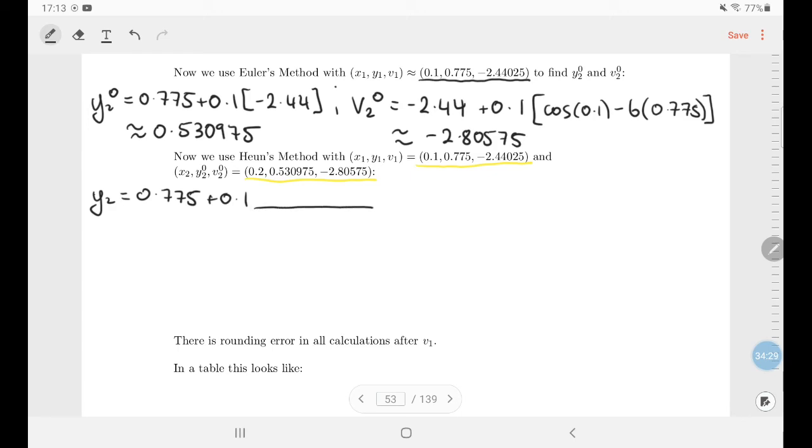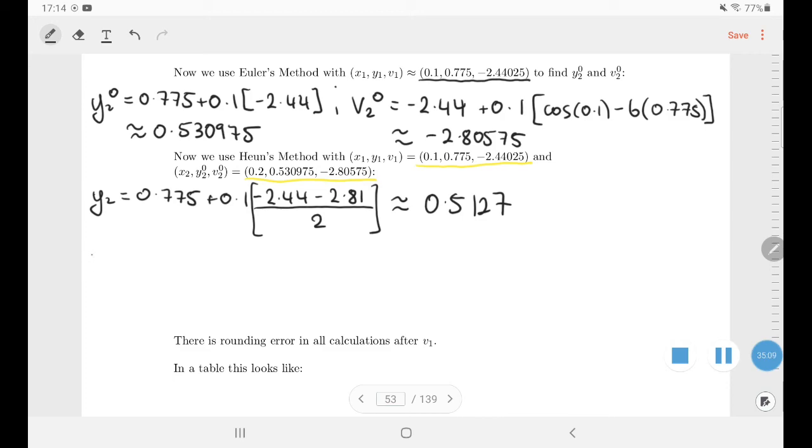The slope of y is v, so we're going to average the previous v, which is this minus 2.44, but I will use more precision than that. I'll use 6 significant figures, plus the Euler predicted next one, which is the minus 2.81 in the second point, divided by 2, and this I will use better precision, but I will pause the lecture to do it. And this comes out to be, to 6 significant figures, oh, it comes out kind of nice, 0.5127. Now, yeah, let's just leave it as it is.